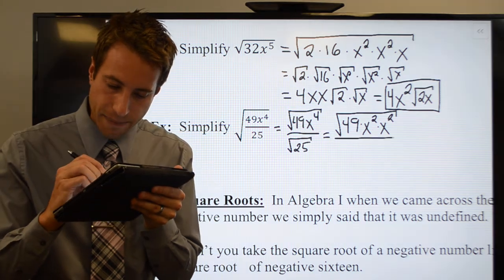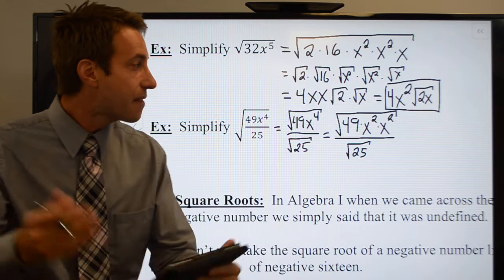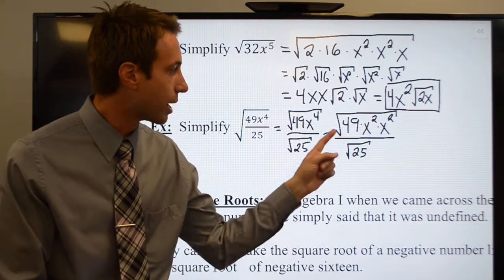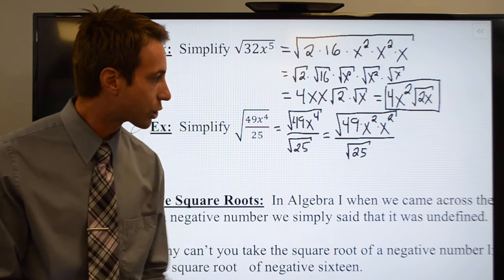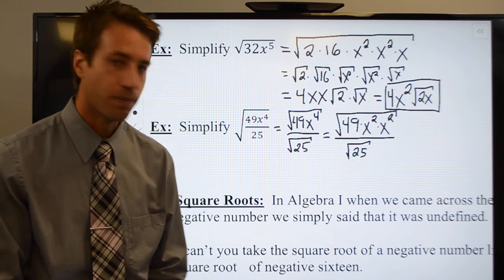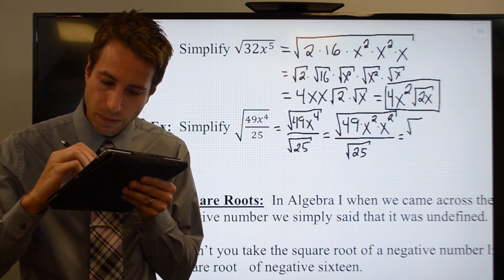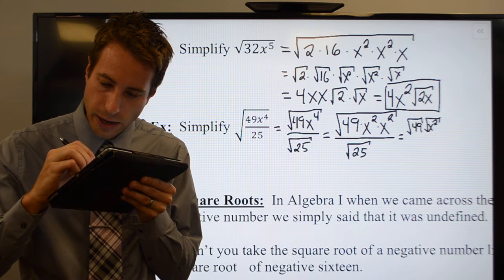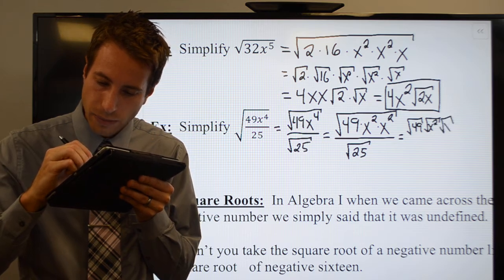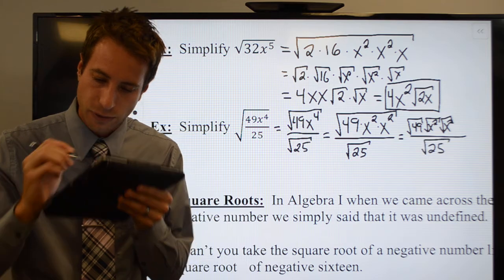So all of that is over the square root of 25. And then from there, what you would do is just split it up. Square root of 49, square root of x squared, square root of x squared, all over the square root of 25.